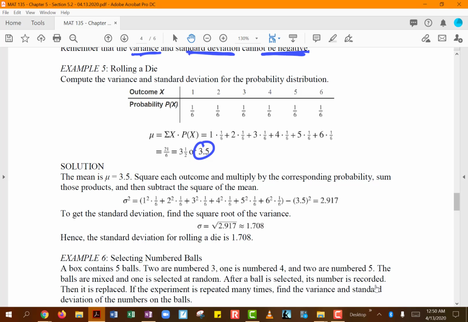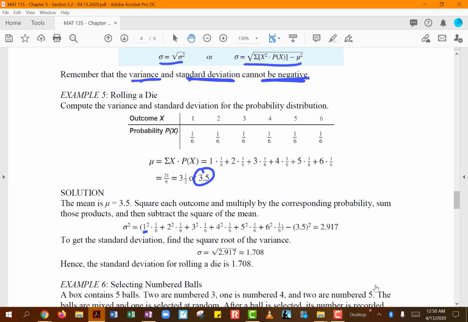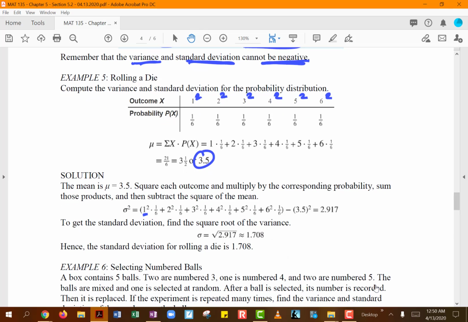The first thing you're going to do is square each outcome individually, and then multiply with their probability. So 1 squared times 1/6, 2 squared times 1/6, 3 squared times 1/6. You do it for all of them and add each one of them together. As you can see, we're putting these in parentheses.